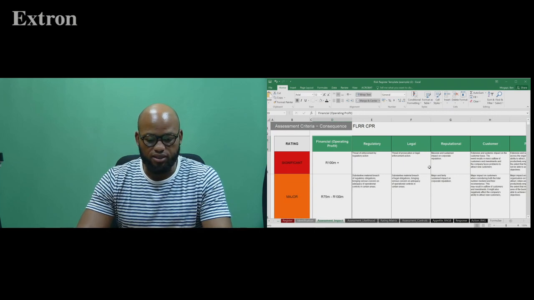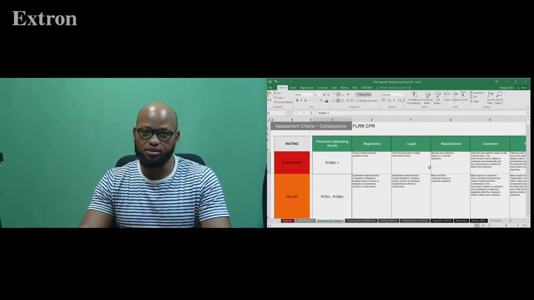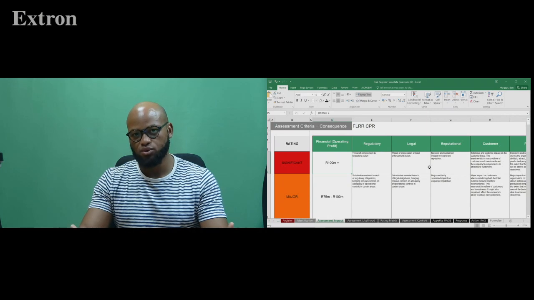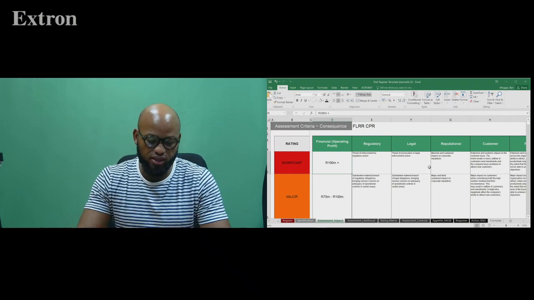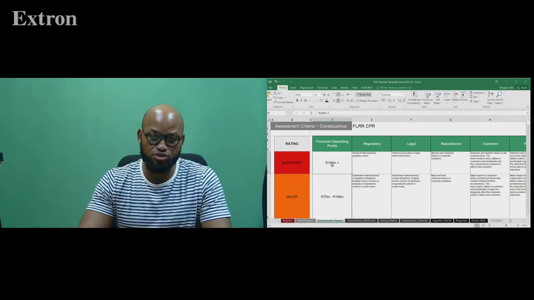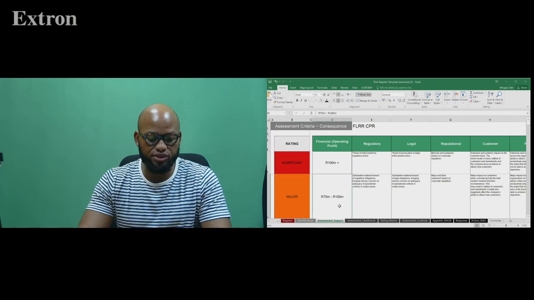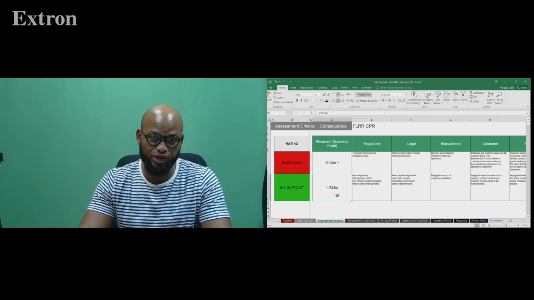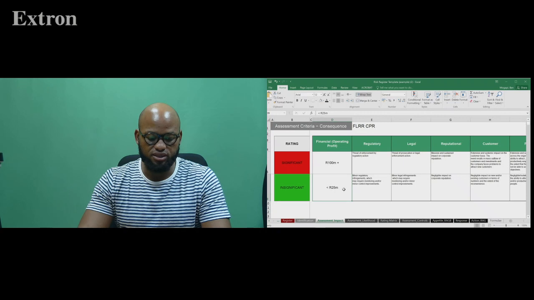Depending on the risk appetite that the board has set, in other words the amount of risk that the company is willing to tolerate, they can decide that any risks above 100 million rand are significant, or maybe risks between 75 million and 100 million rand are major, and maybe the cutoff for insignificance is that any risk that has a financial consequence of less than 25 million rand is insignificant.